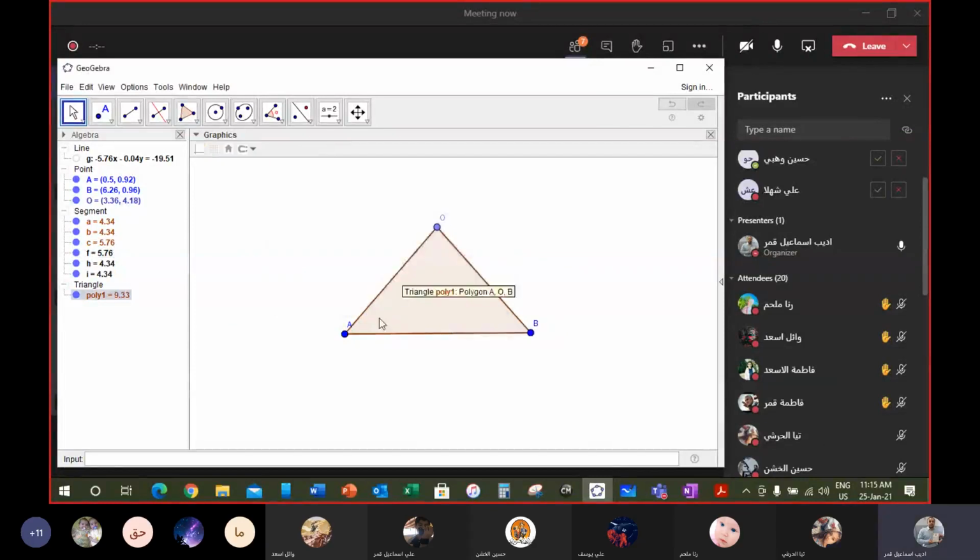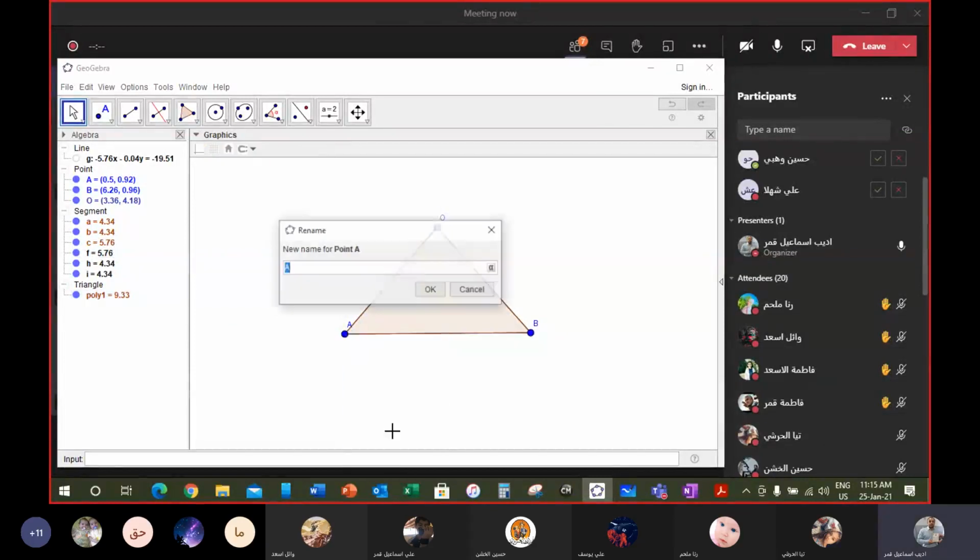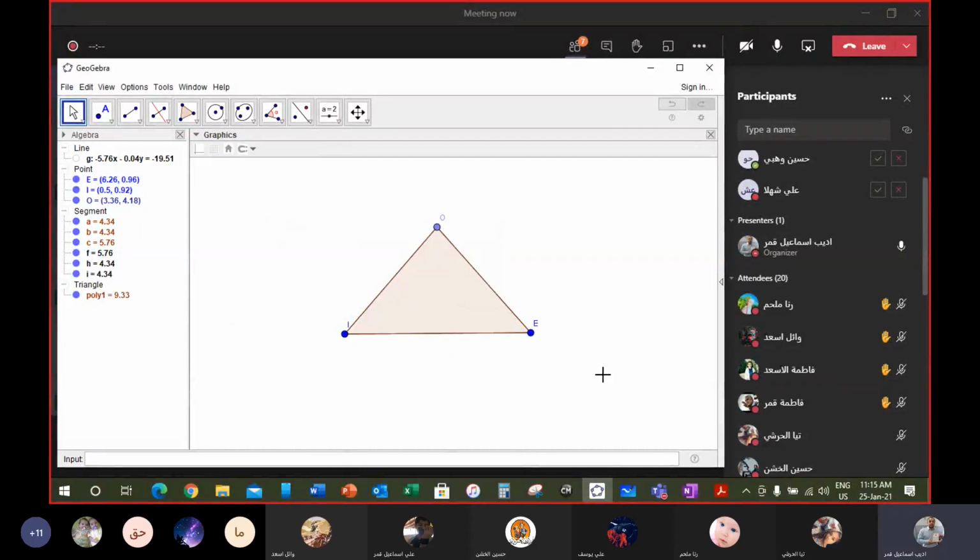This is point O, this is point I, and this is point E. So now we have an isosceles triangle OIE.